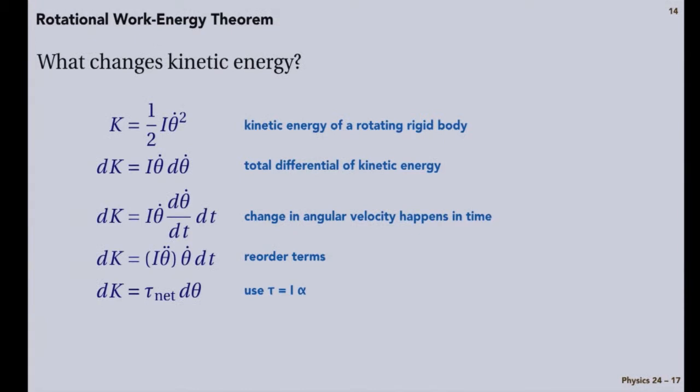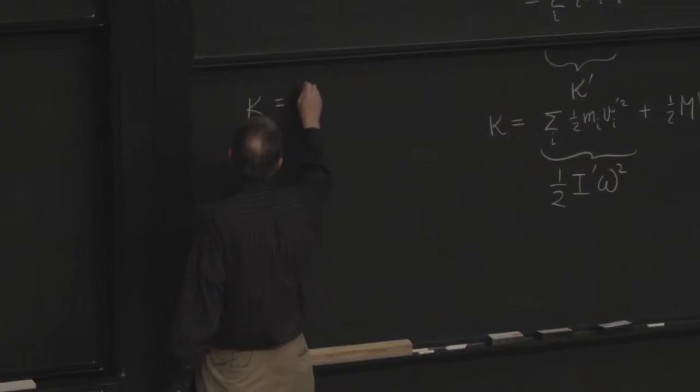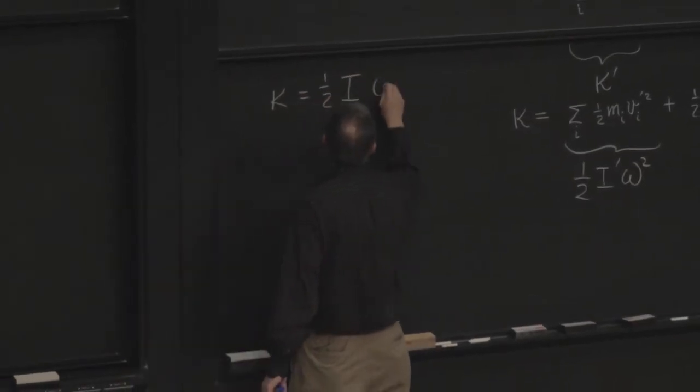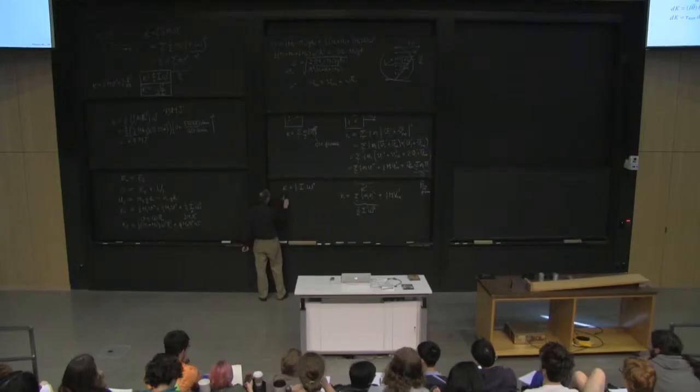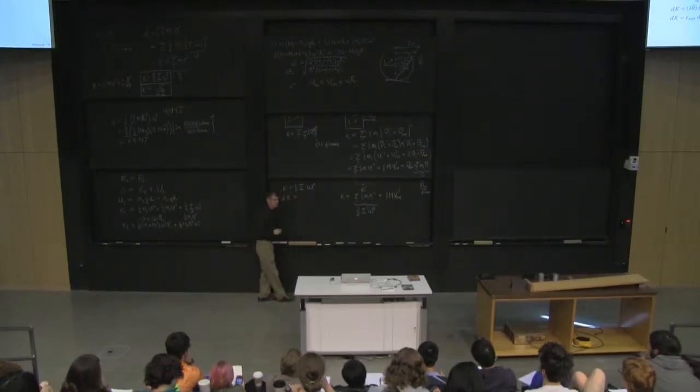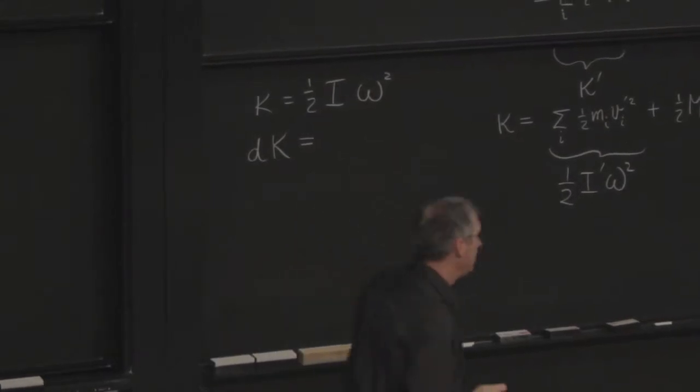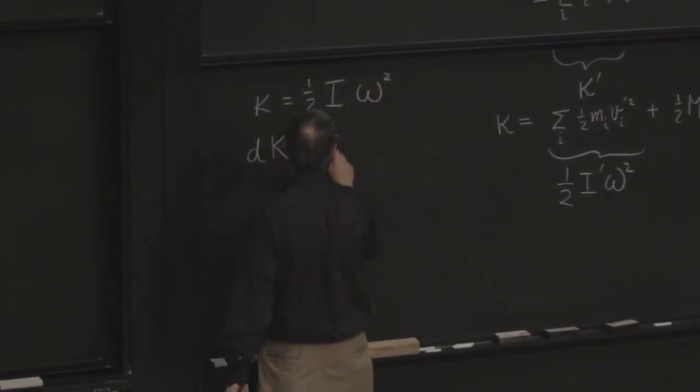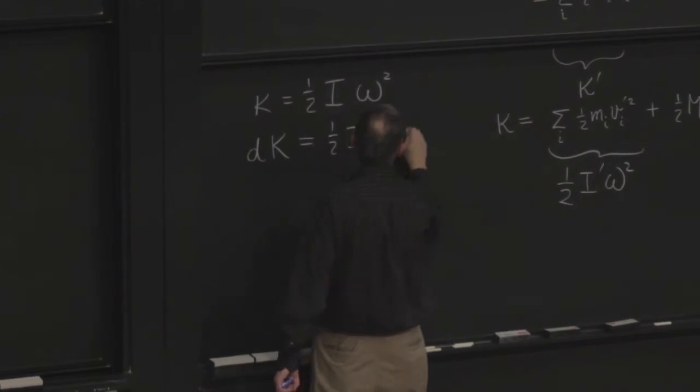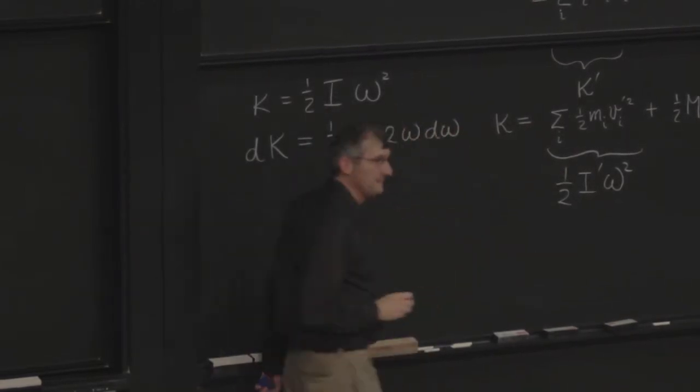Yes, sir? Just to be clear, in the first line and the second line, we're taking dK d theta dot and then multiplying both sides by d theta dot. Is that what happened there? No. If I have K equal to 1/2 I omega squared, dK would be equal to 1/2 I 2 omega d omega.